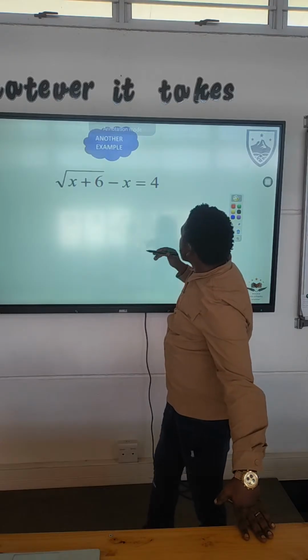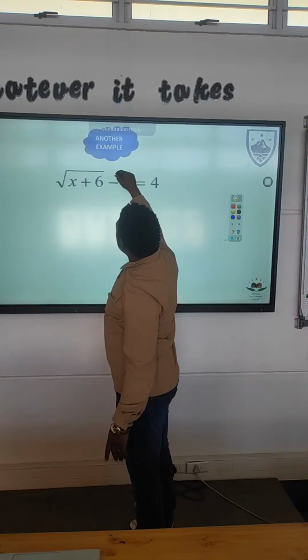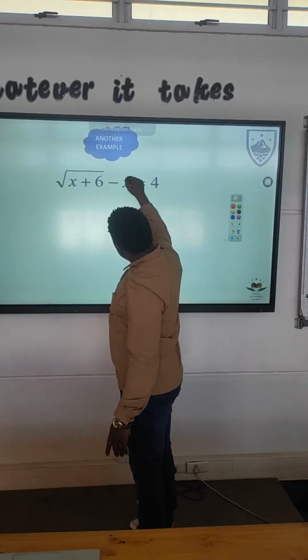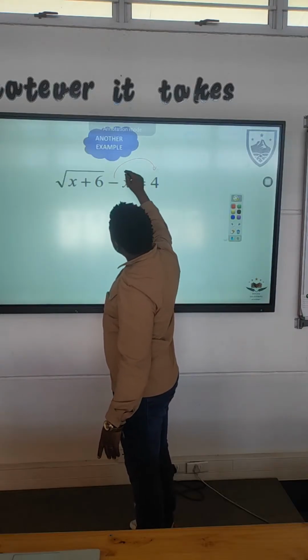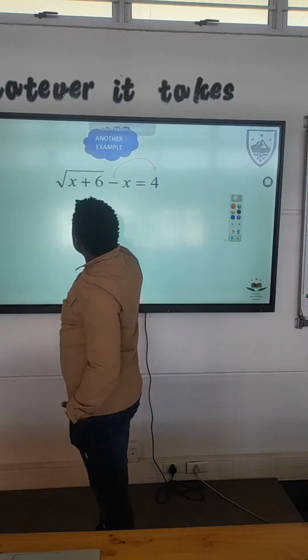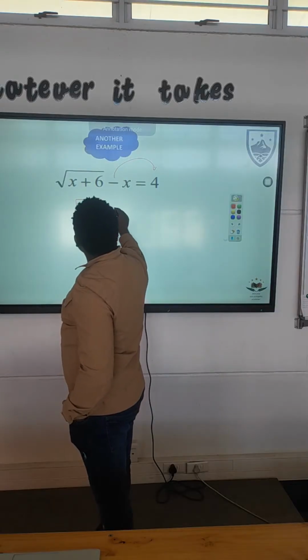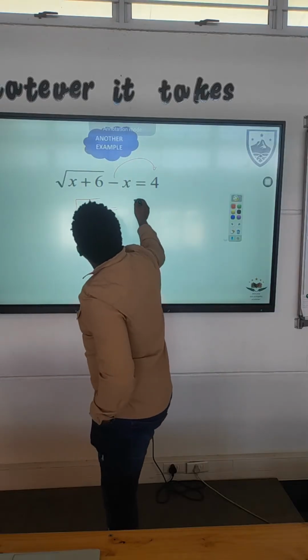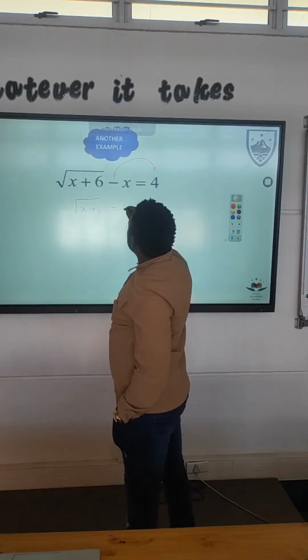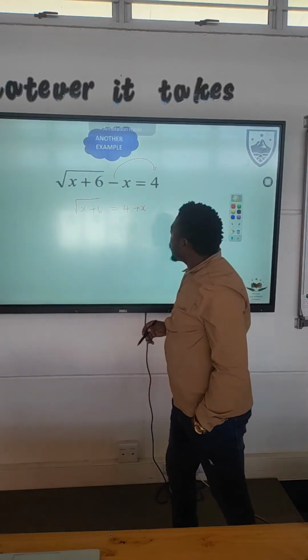So things are changing now. We're going to transpose this. We want to remove this because we want to leave the square root on the left hand side. So this will just be the square root of x plus 6 must be equal to, because this has moved to the other side, 4 plus x, which is the same as x plus 4.